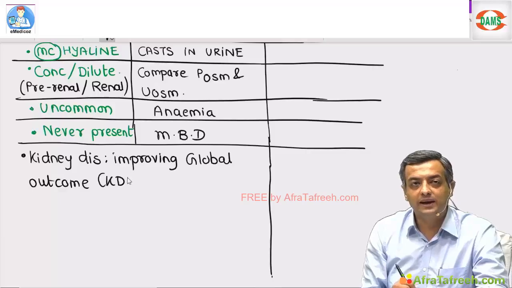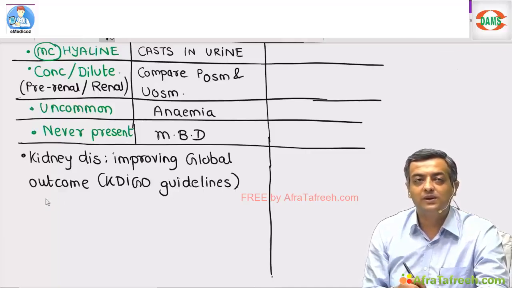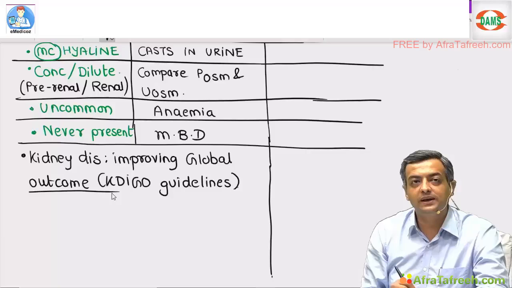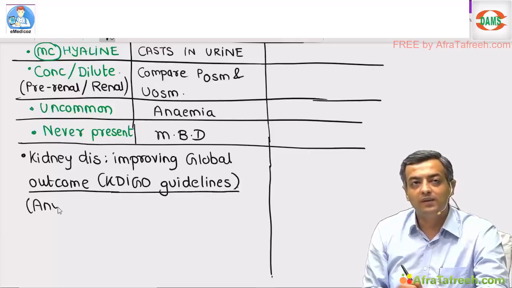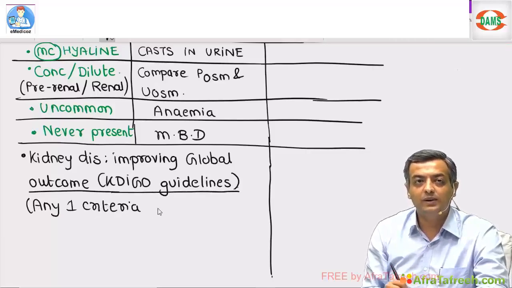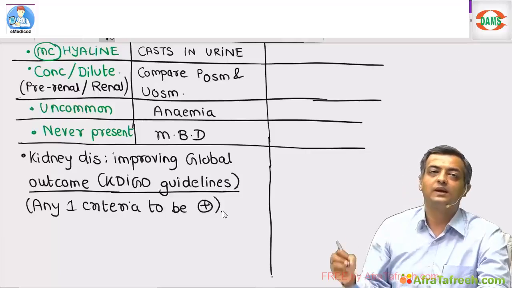The KDIGO guidelines are what you are going to use to confirm the diagnosis of acute kidney injury. You want any one of the criteria to be positive for confirmation of the disease.